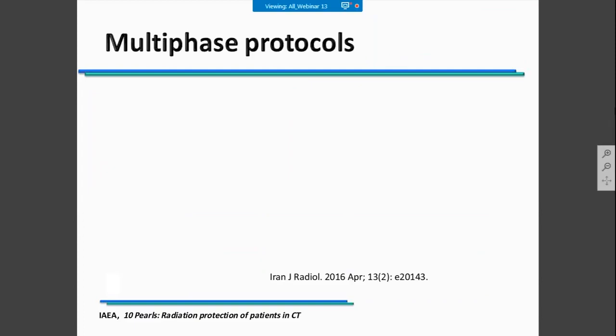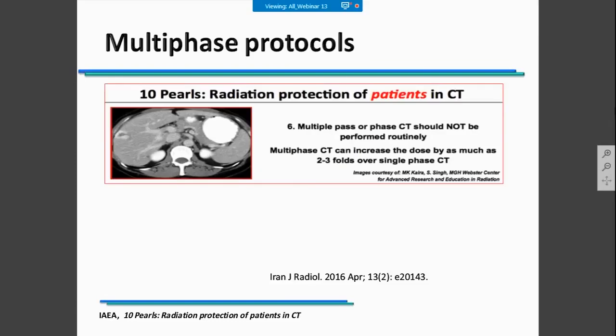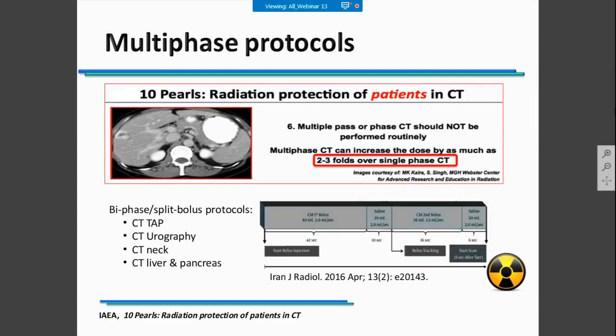Multiple phase protocols are also a problem. IAEA also indicates that multi-phase protocols must be avoided because they directly increase the patient dose. It's important to understand that you should use them only when you need them.